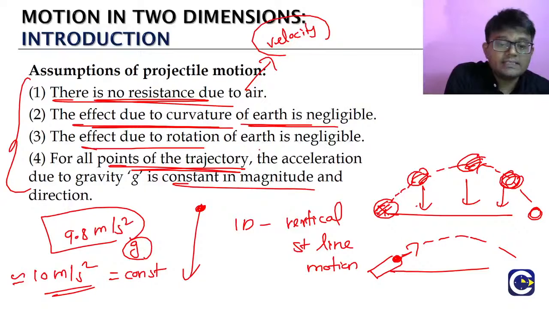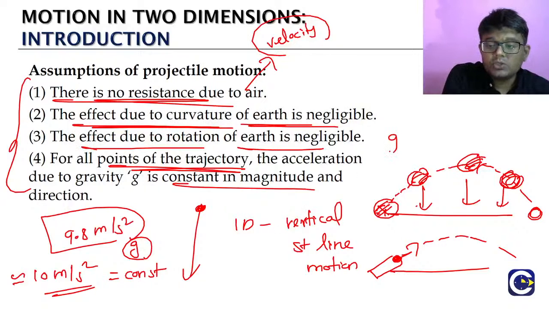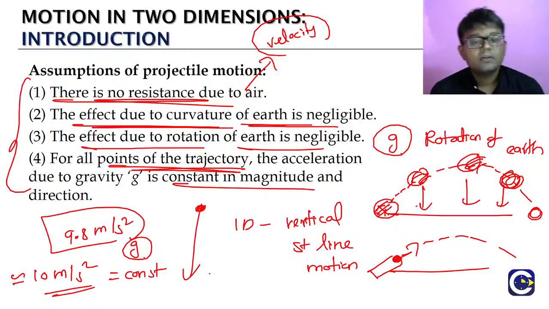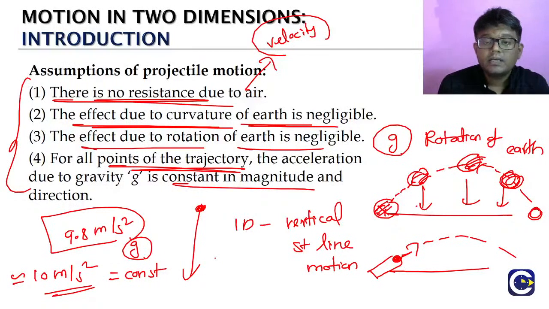And one more thing is the acceleration due to gravity will also depend upon the rotation of the earth. We will learn about it when we go to the gravitation chapter. But here the point is, we will not even consider that. So all these are the assumptions we make for the projectile motion.